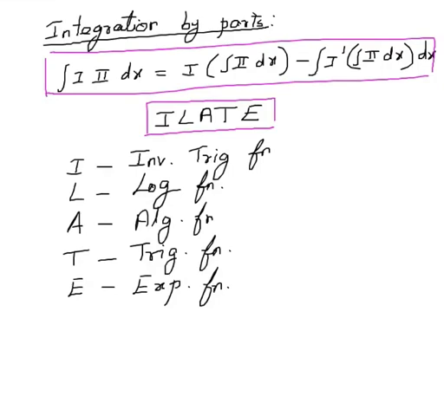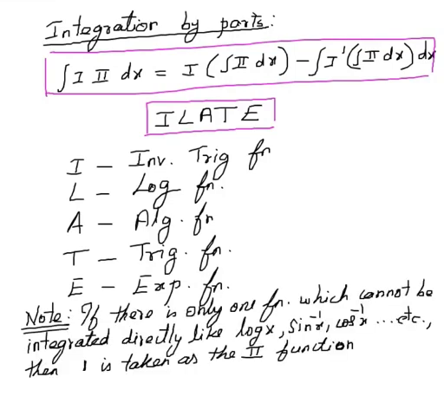Now write down a note. If there is only one function which cannot be integrated directly, like integral of log x or integral of inverse trigonometric functions, sine inverse, cos inverse, tan inverse, etc., then 1 is taken as the second function. We don't know the integral of log function.